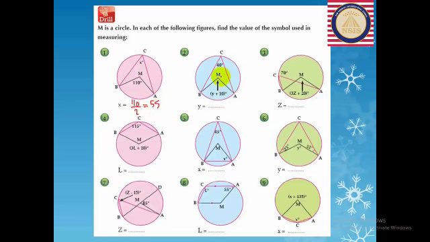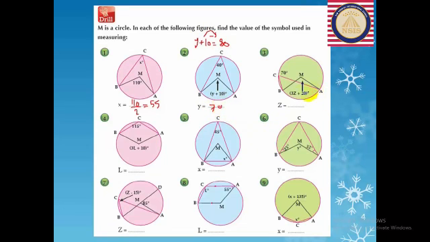Here, y plus 10 is the central angle, which is double the inscribed angle, so y plus 10 equals 80. Taking 10 to the other side with minus, y equals 70.